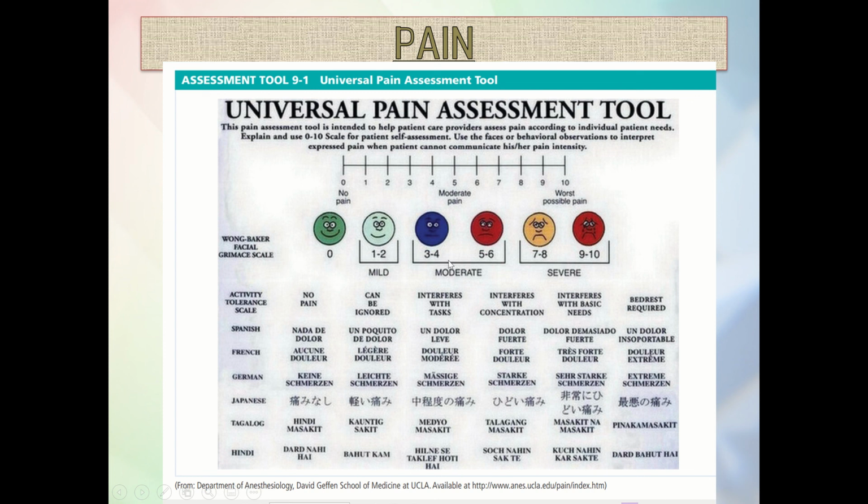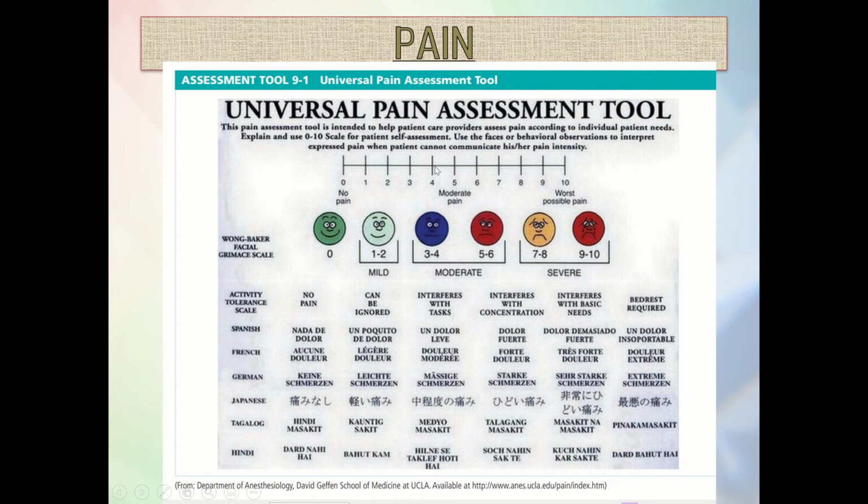Then the one with faces is the Wong-Baker Facial Grimace Scale. So 0, this is the happy face, no pain. Mild is 1 to 2, moderate ranges from 3 and 4, then 5 and 6. Severe is from 7 to 8, and then 9 to 10.